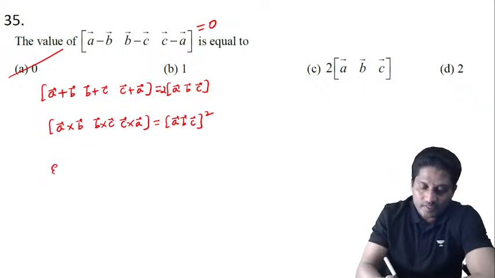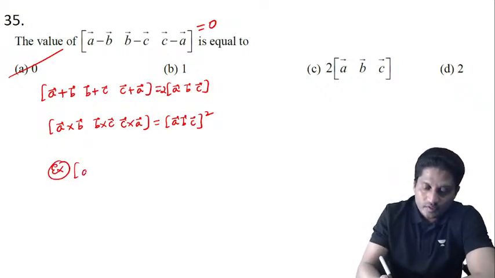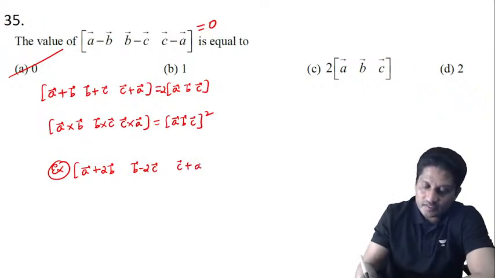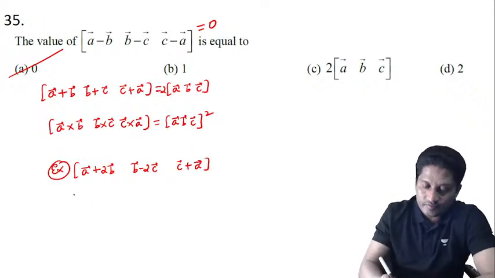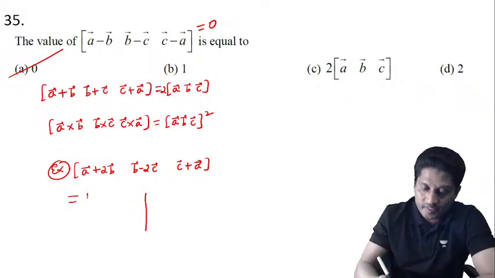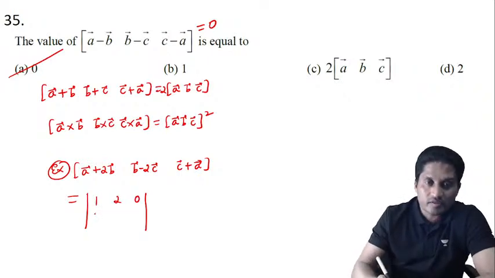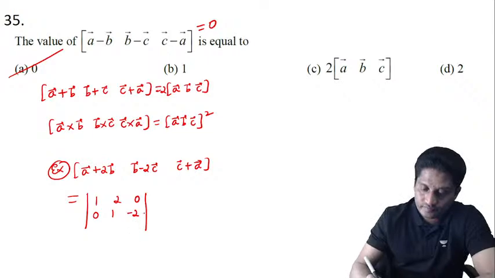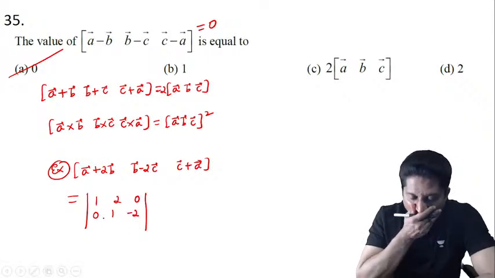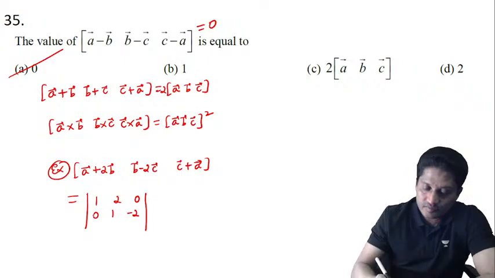Alright, now let's say you have box of A plus 2B, box of B minus 2C, and C plus A, something like this, which is not in standard form. Then I'll take the determinant. First component is A plus 2B, so it will be 1, 2, 0. There is no C there. Second component will be 0, B is 1, C is minus 2. And the last one is A is 1, B is 0, C is 1.